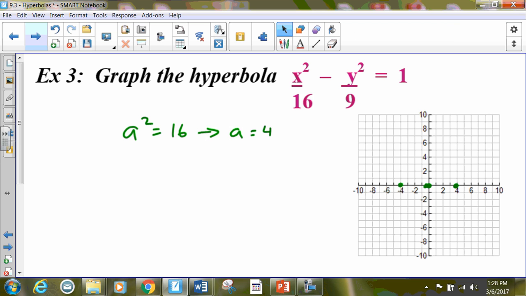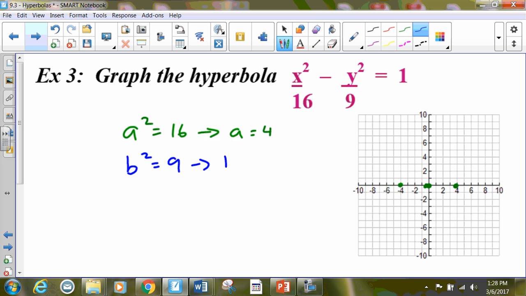Then my b, since b squared is 9, and b is equal to 3, b always gives me my box, the other sides of my box, b for box. So we'll go up 3, 1, 2, 3, and down 3, 1, 2, 3, and we're going to make a box. You guys, I'm recording, but the notes are back there if you want the notes.